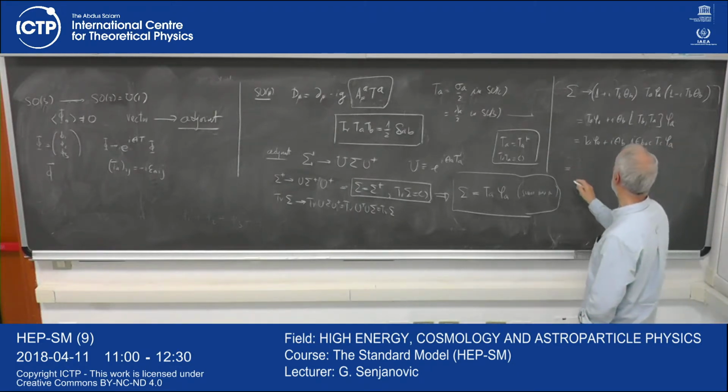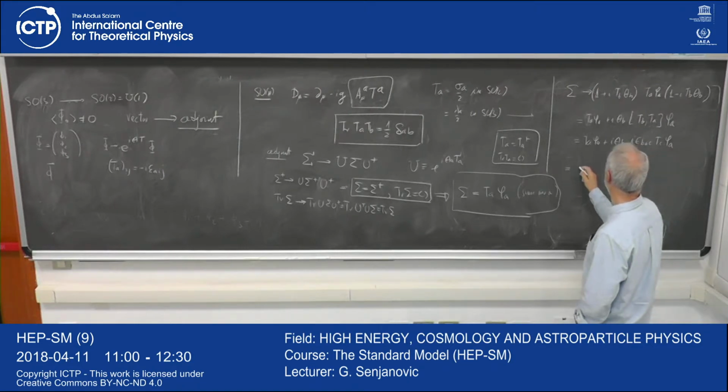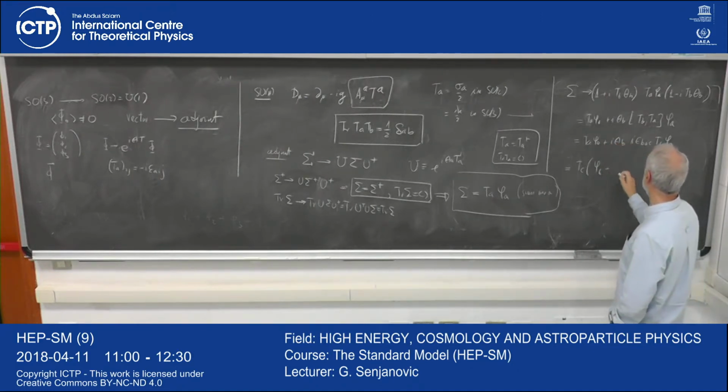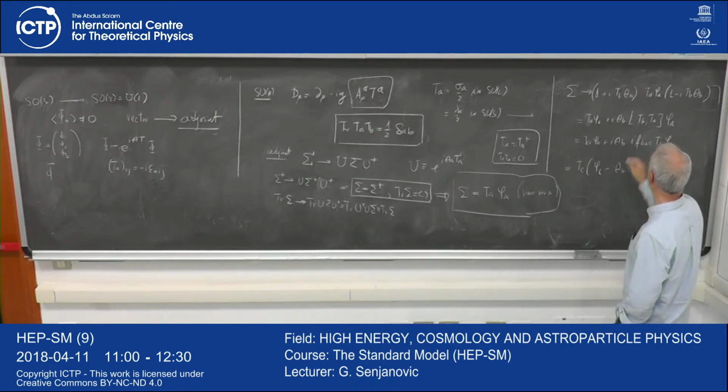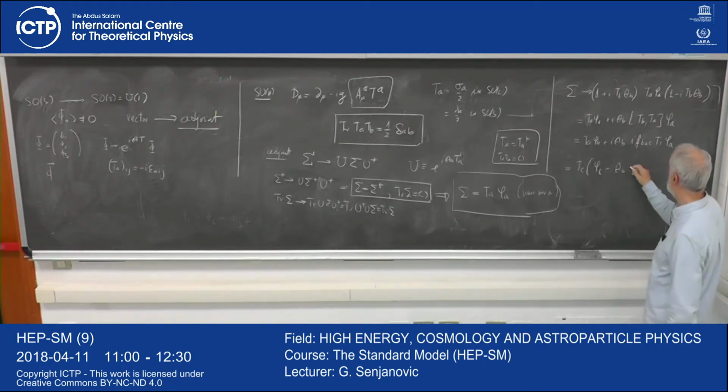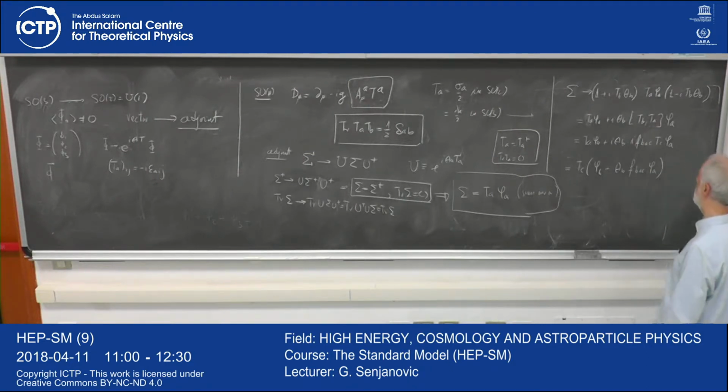And this is T^C phi^C. I'm changing my dummy index, minus theta^B by epsilon F in general. I'm sorry, you can do that as well immediately. F^BAC phi^A. Right?